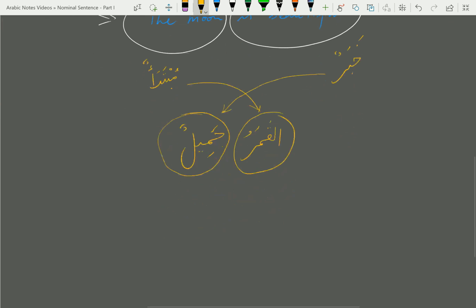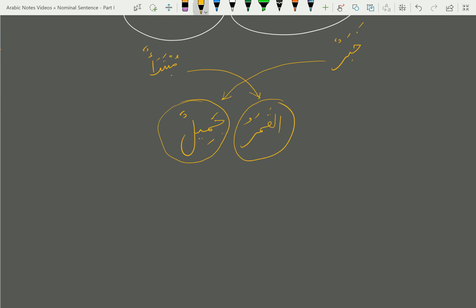Okay, another example from the list that we saw before, ana talibun. What is the subject here? I. So the mubtada is ana, and what is the khabar? The fact that I'm a student, so that is the khabar.